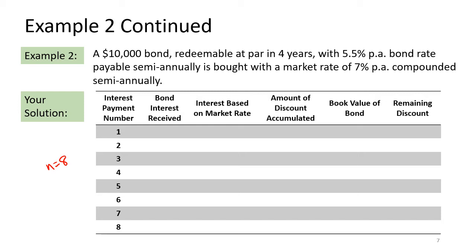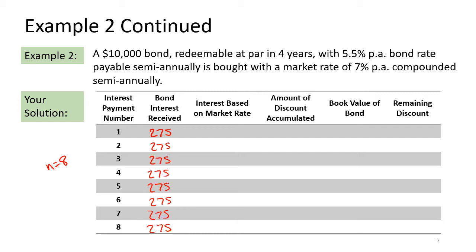Our second column is our bond interest received. Remember that's our bond payment, which was $275. I'll write them all in just so you can see it doesn't change, just like a mortgage payment doesn't change over that term. Your interest based on the market rate is calculated the same way.